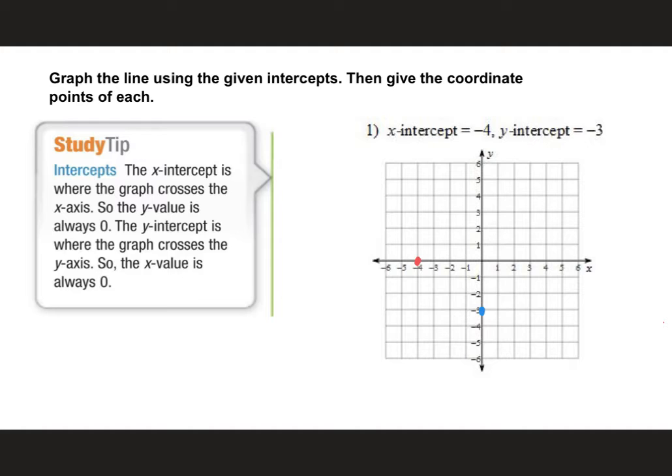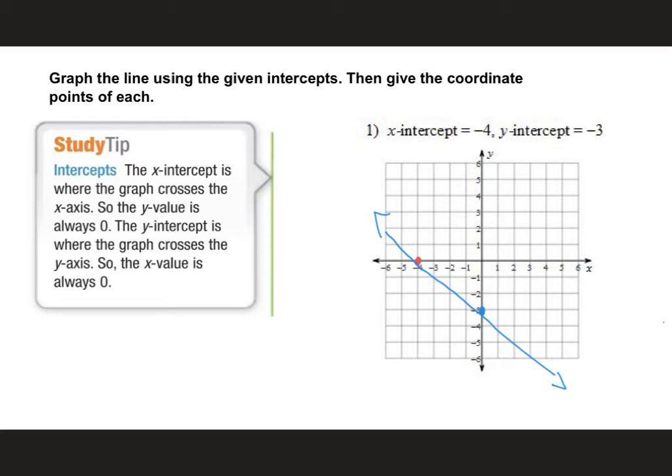And then hopefully using a ruler or a straight edge, I'm going to connect my dots. And this is a sketch, meaning it's not completely accurate because I am doing this freehand. If I was using some technology like you are on Edulastic, then when you plot the 2 points, your line is going to be super straight.